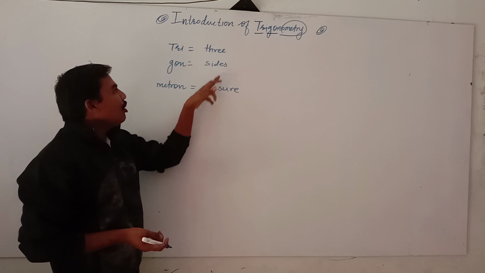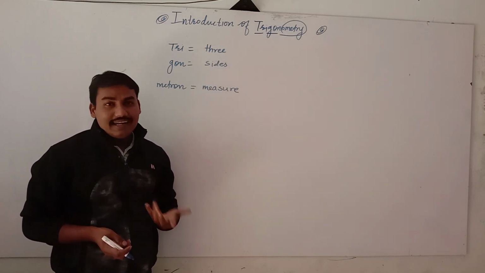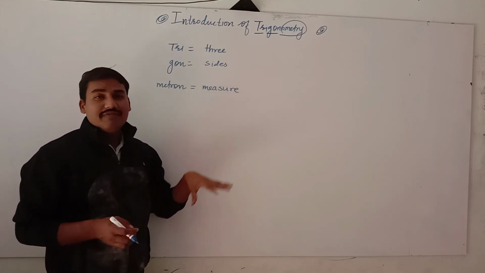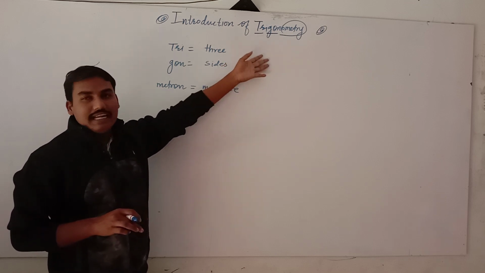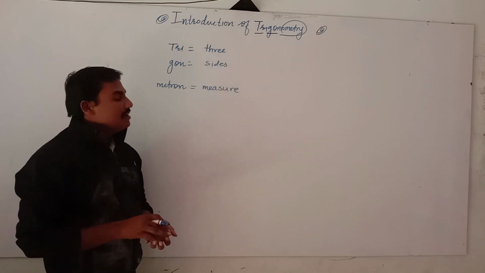From these words the word trigonometry is formed. So it is the measure of three sides, which geometrically is a triangle. These are the measurements or relationships between the sides of a triangle, which is trigonometry. This is the simple introduction of trigonometry.